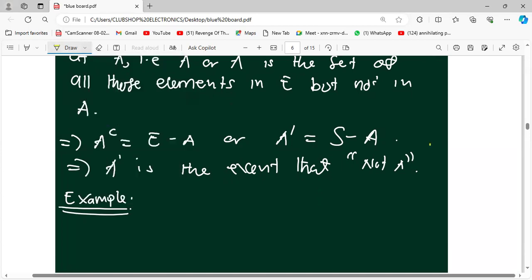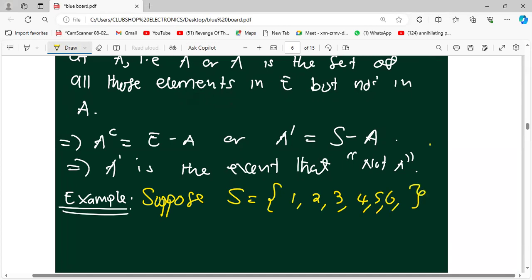So suppose that our sample space is 1, 2, 3, 4, 5, 6, and A is 1, 3, 5.